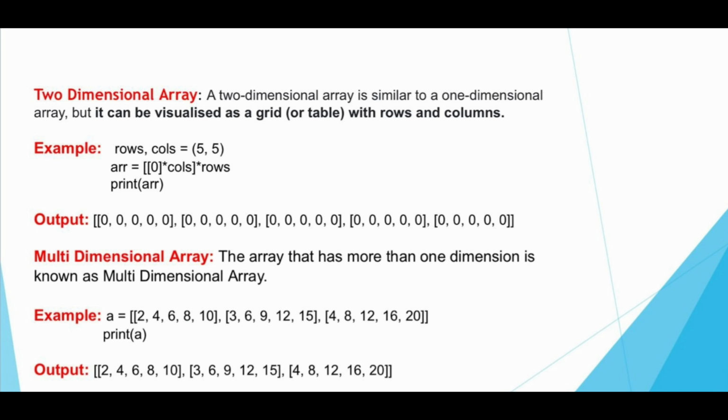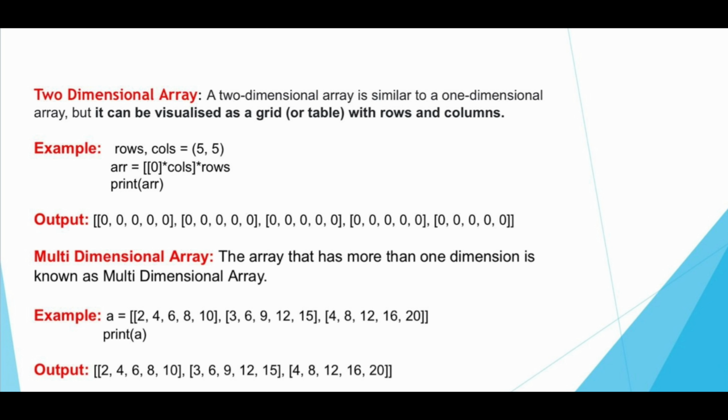So let us know about two-dimensional array and multi-dimensional array. So what is a two-dimensional array? A two-dimensional array is similar to a one-dimensional array. Basically they both are similar, but it can be visualized as a grid with rows and columns. Basically the two-dimensional array looks like a matrix form, consisting of some rows and columns.